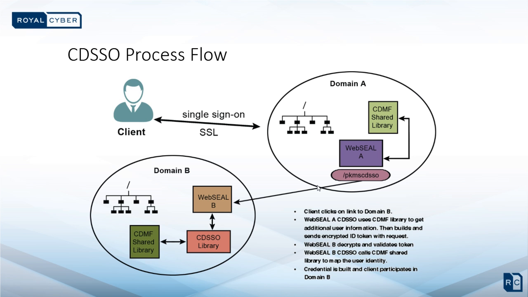So we need to specify those keys and the path of those key files in both of these configuration files of the WebSeal servers. This token contains a configurable timestamp that defines the lifetime of the token, and the timestamp, when properly configured, can prevent replay attacks as well.